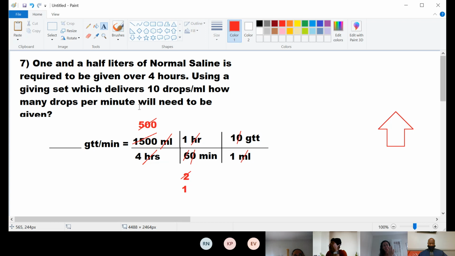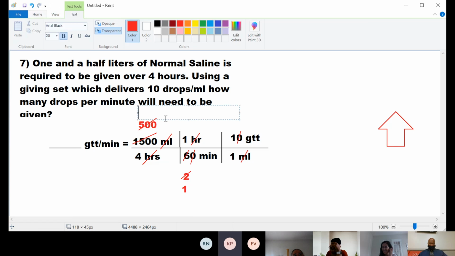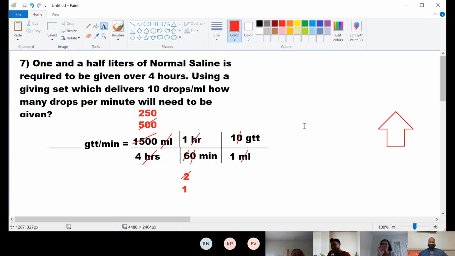Put those calculators down. You know this. 250. You know what half of 500 is? 250. Now check out what happened to our math. All we need to do is divide 250 by 4.